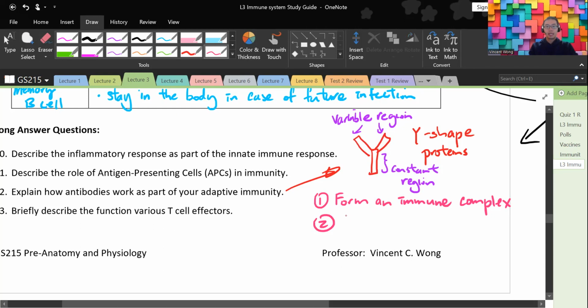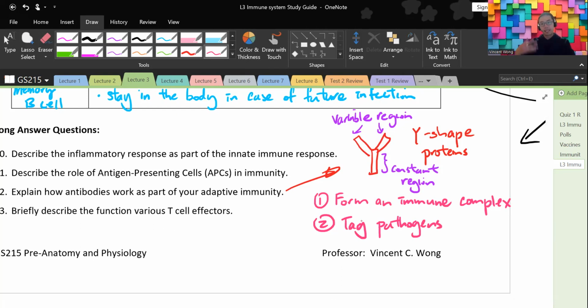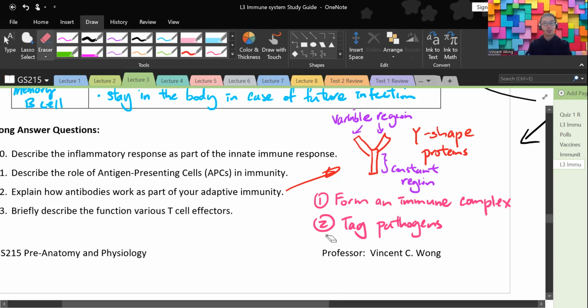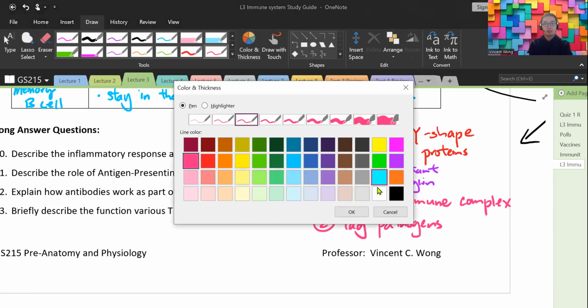Number two, they could tag pathogens, right? Kind of the same job as complement proteins. After tagging them, you can highlight them, making it easier for phagocytosis to take place. After tagging them, you can activate complement, right? So the two kind of feedback on each other. What's another one? Anybody remember?